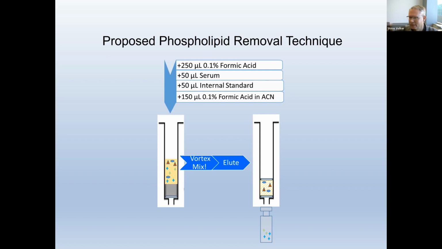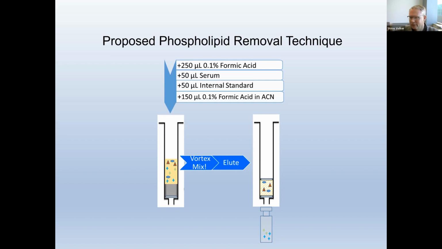So in this process, we add the formic acid, 250 microliters, and then add the serum. So it's sufficiently dilute, and then add the internal standard, followed by 150 microliters of acetonitrile that contains the 0.1% of formic acid.